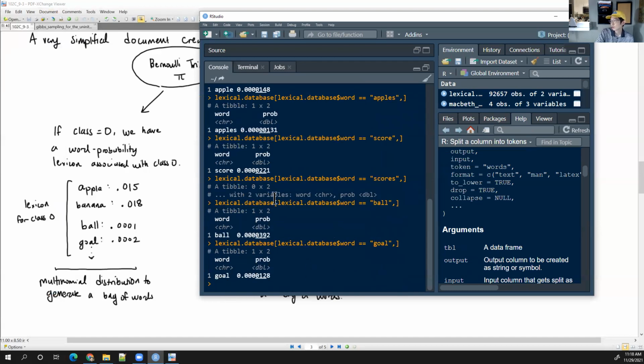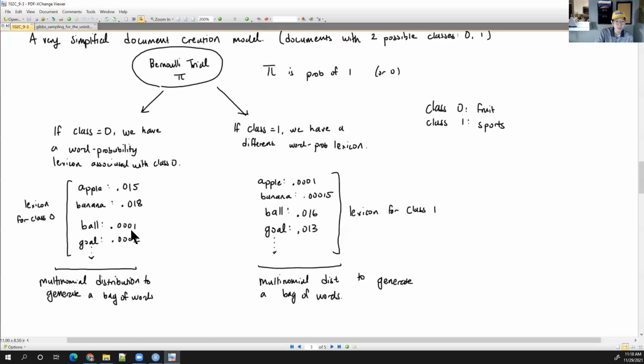And the idea is we're going to have two different lexical databases, or two different lexicons. So if we have the class on fruits, inside this lexicon, if we were to add up all of the numbers, all of them add up to 1. But if the document is about fruit, words like apple and banana will have higher probabilities, and words like ball and goal will have lower probabilities.